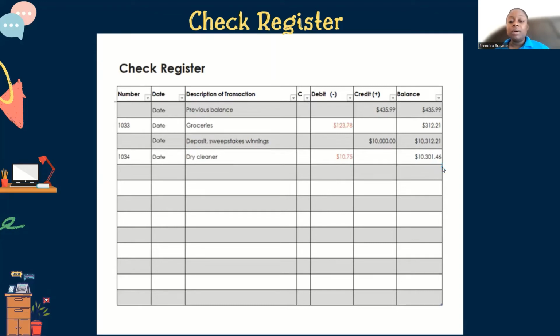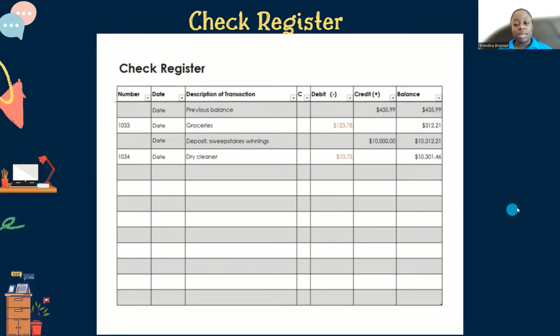And so in the accounts department, they're keeping track of every deposit, every bank charge, every check written, so that they're always aware how many funds do I have available to pay bills. And so that any checks written, I know that I can't write any check greater than $10,301.46, or else the bank is not going to honor it. And so that would be very irresponsible of me as an accounts individual.